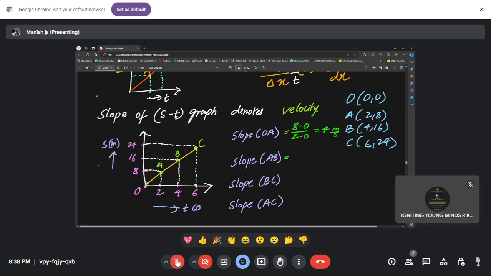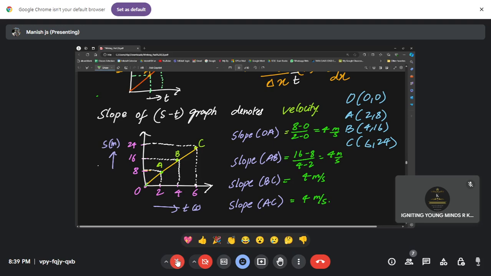So change in y-axis for the region AB of the graph from A to point B, y2 minus y1 would be 16 minus 8 upon 4 minus 2. And how much is that? 16 minus 8 is 8. So 8 upon 2 ultimately gives you 4 again. So it's 4 meters per second. And for BC, you again try it, you will again get 4 meters per second. For AC also you will get 4 meters per second.